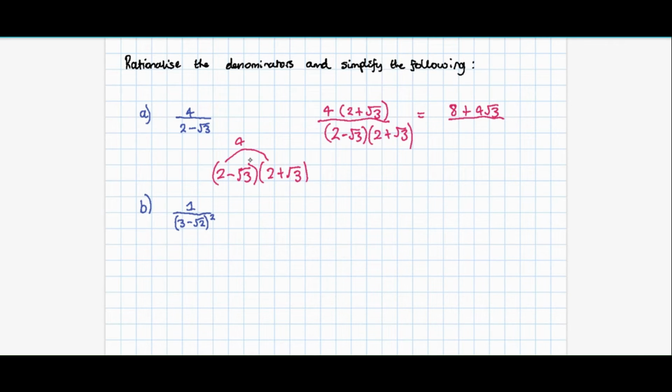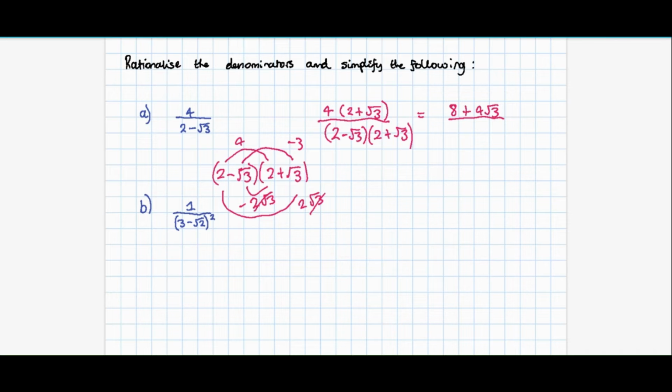Right, so 2 times 2 is 4. Minus root 3 times root 3 is going to be minus 3. And then minus root 3 times 2 is going to be minus 2 root 3. And then 2 times root 3 is going to be 2 root 3. So as you see here, when we're adding this together, this minus 2 root 3 and then plus this 2 root 3 actually will cancel each other out here.